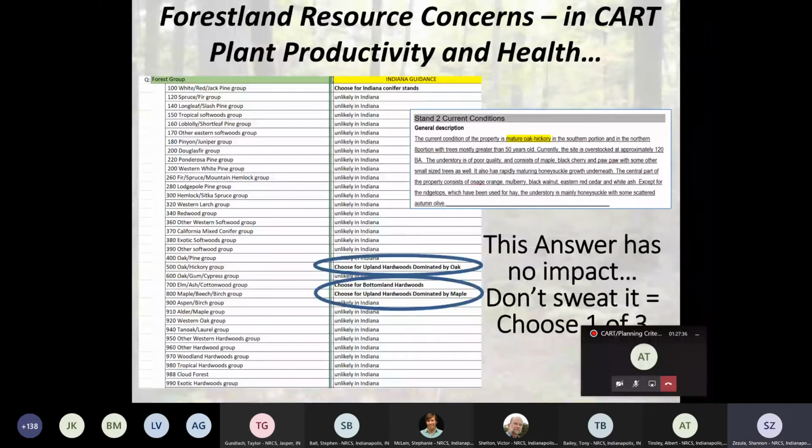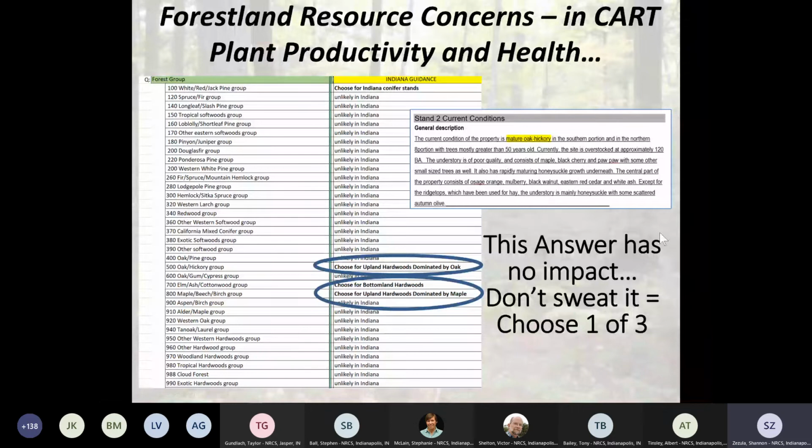So first of all, as Victor and Tony alluded to, much like on the livestock side of things, documenting some key, basic information, so too does the forest part of CART. I'm talking primarily here on plant productivity and health, but this ripples through in other assessments as well.